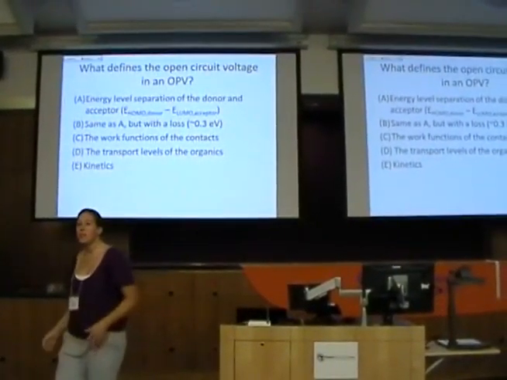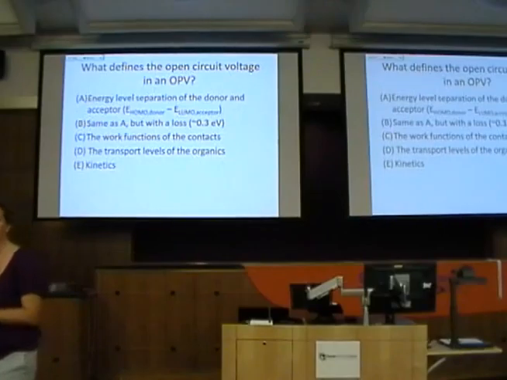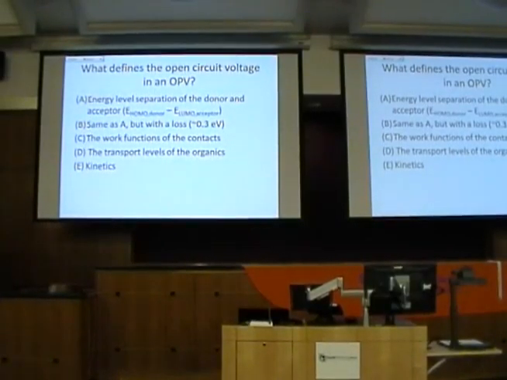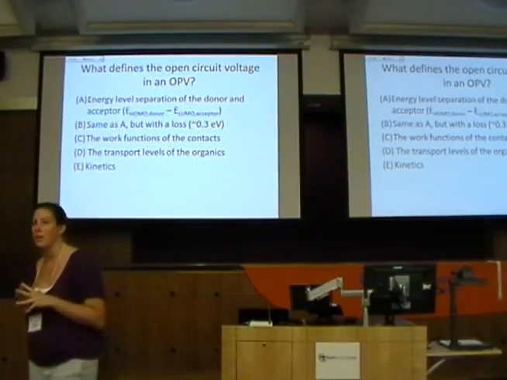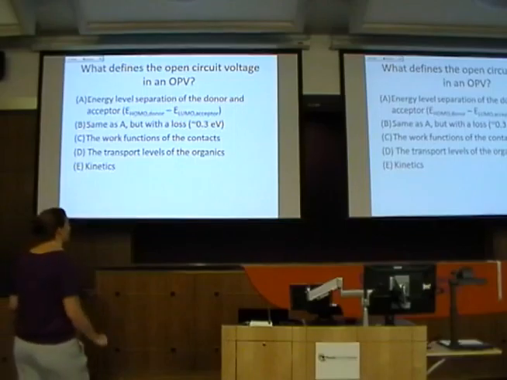Alright, so I wanted to start off with just a clicker question, just to see where we're all at, what page we're on. So, what do you think defines the VOC in an organic solar cell? So if you guys will weigh in, please.